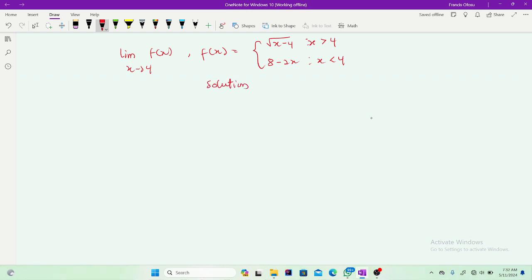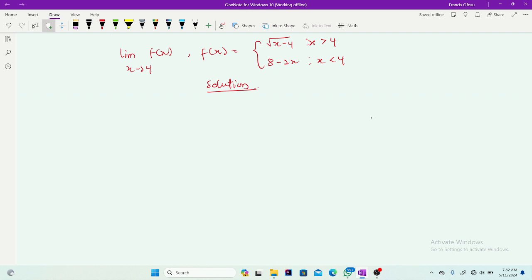So this is a piecewise function, okay? For this piecewise function, you have to find the limit as x approaches 4. Now, as I said in our previous lessons, a limit is just the point which this function cannot exceed as we are approaching 4, okay? So the maximum we can get for a limit is a functional value.